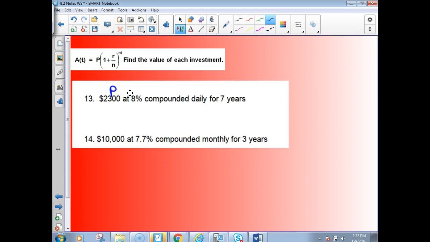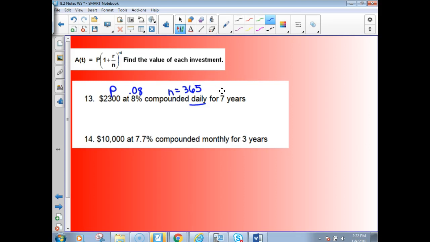Okay, so P is 2300. 0.08 is your rate. Compounded daily, that's going to be an N of 365. How many days are in a year? 365 and a quarter, actually, but we do a leap year day for that quarter.